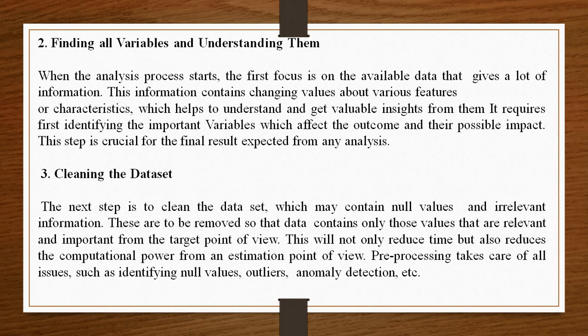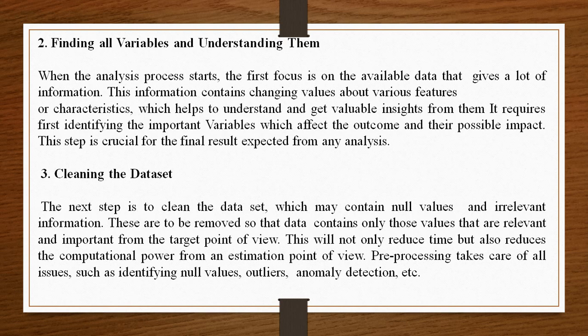That means we are going to remove the null values which do not have any values. We are going to remove the irrelevant information. We are going to keep the data which contains only values that are relevant and important from the target point of view, so that we have only that data, okay, which is having the values and the important information.